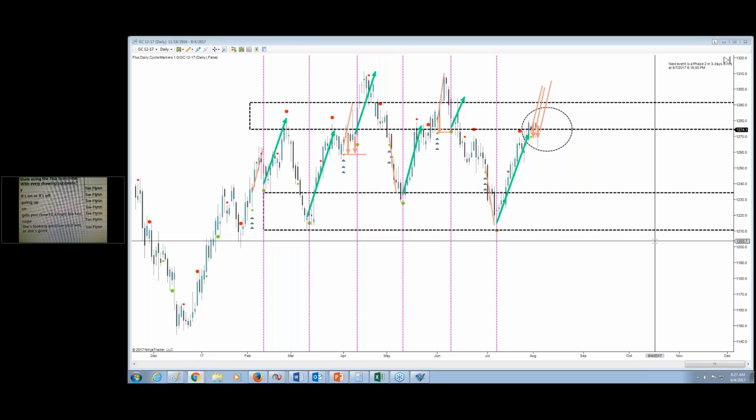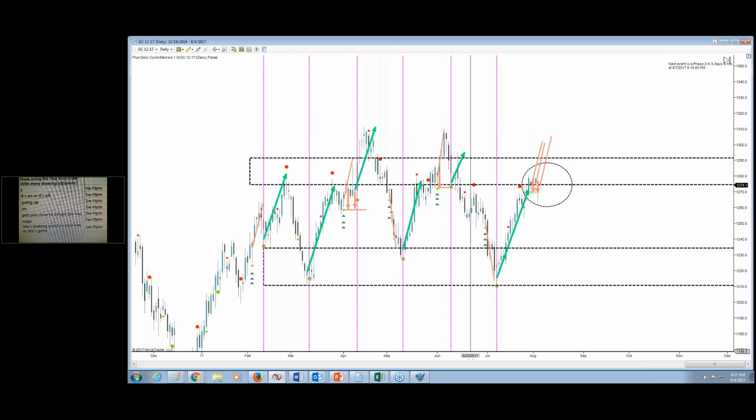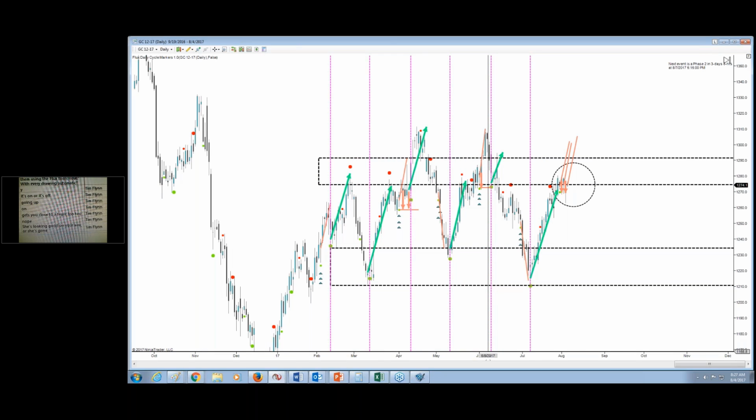Now, I'm doing that thing where I get quiet. Any questions about this so far? I'm going to leave these orange lines right here.